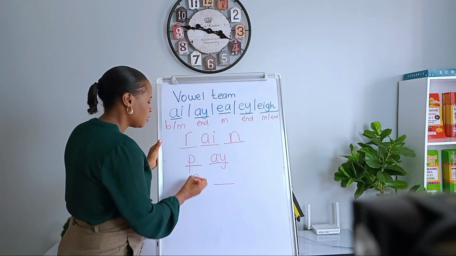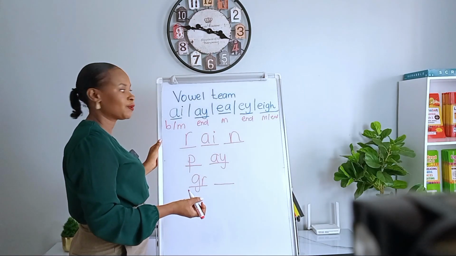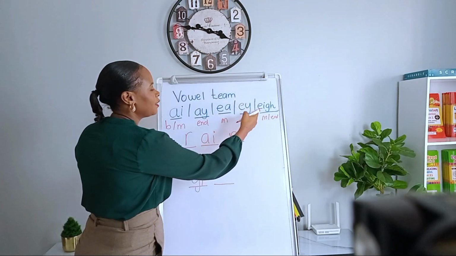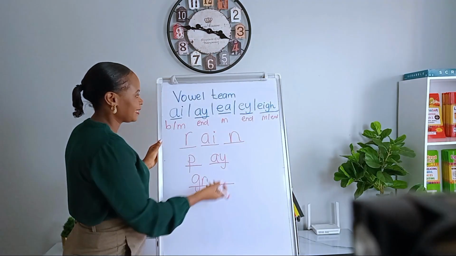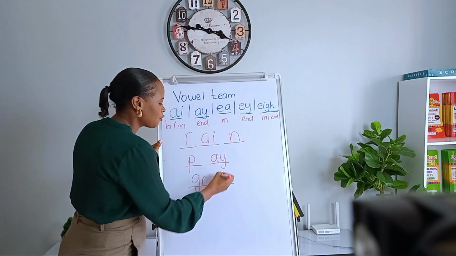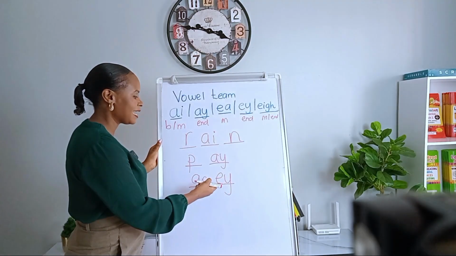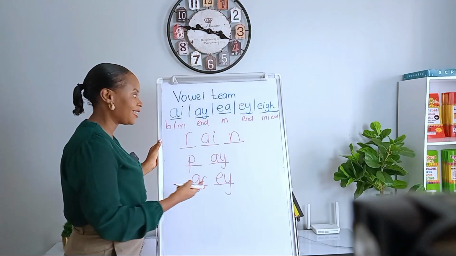Sounding out. Gr, A. A at the end. Which one are you using? AY, EY, or EIGH? We are using EY because we have read this word so many times. Now we know that the A in gray is EY.